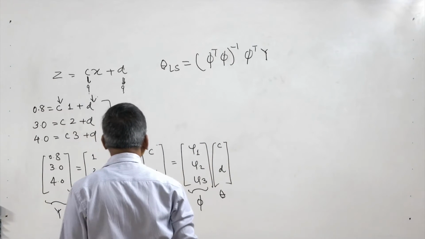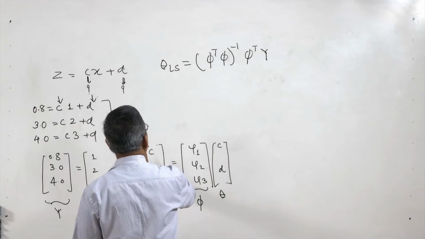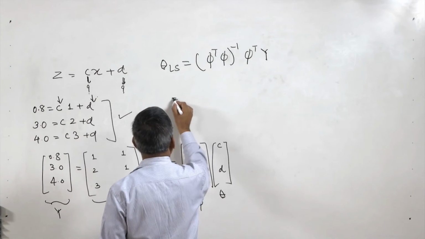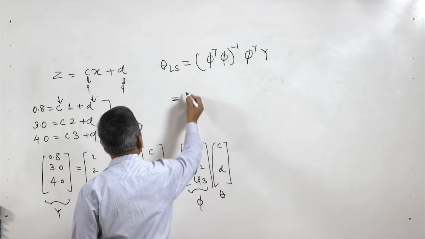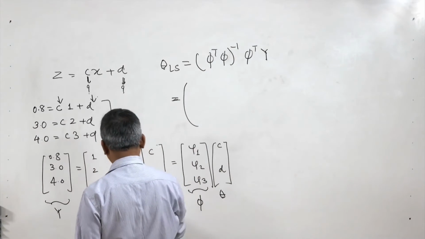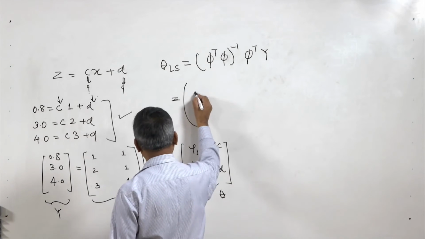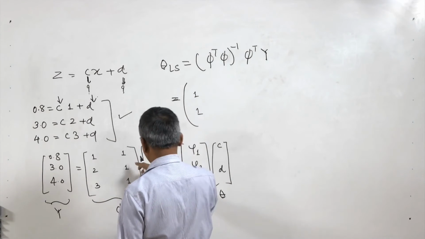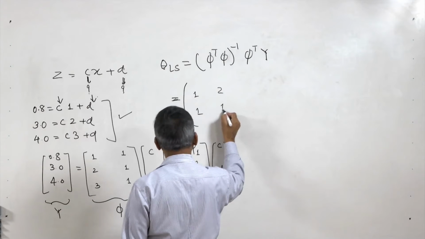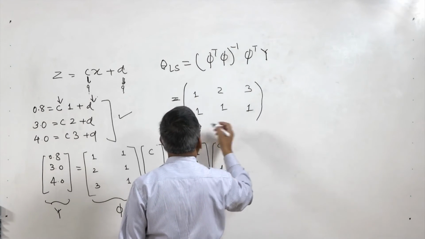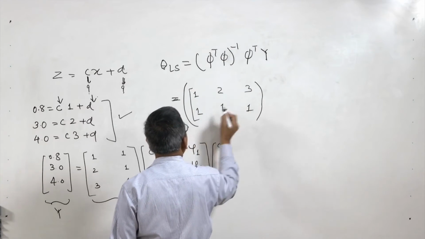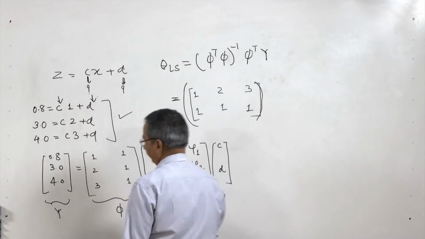So, I can write, this is our phi value. So, I can write the phi transpose here. So, what will be phi transpose for this? It will be 1 1, it will be 2 1, and then this will be 3 1. So, this is my phi transpose which I have written here.